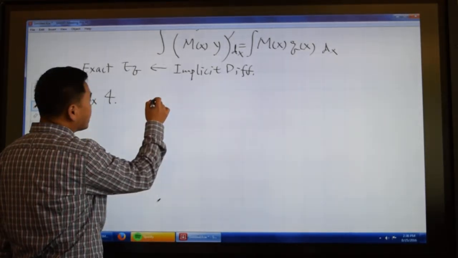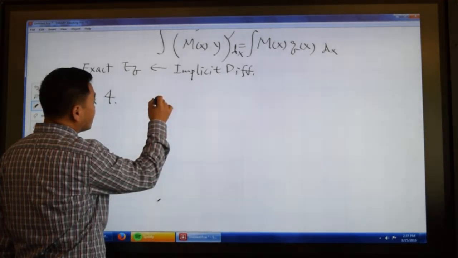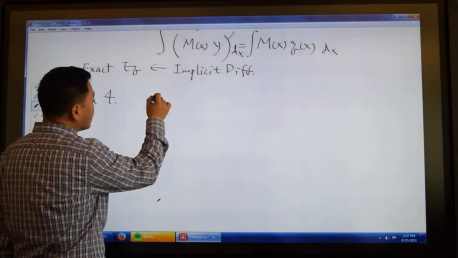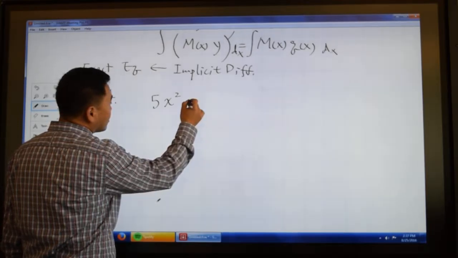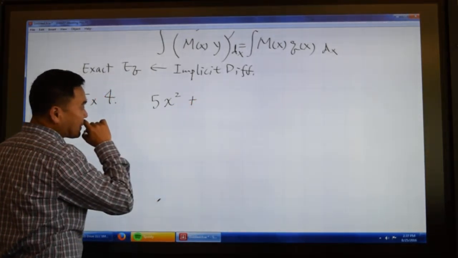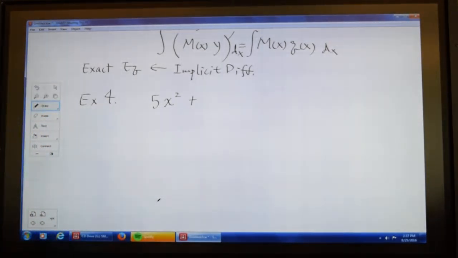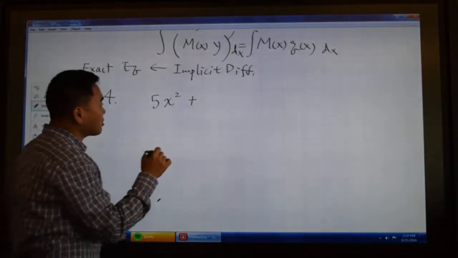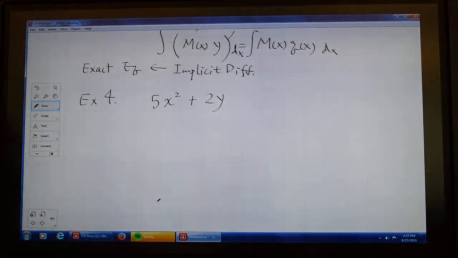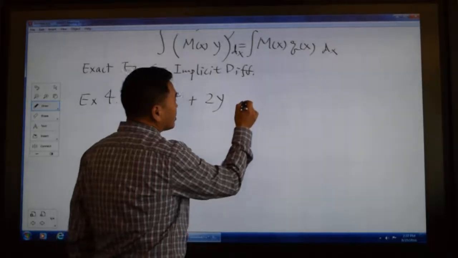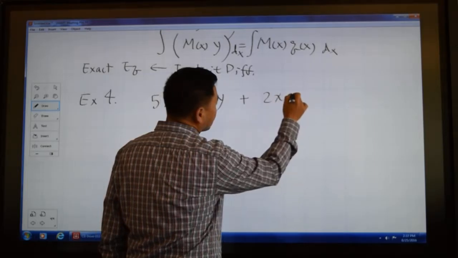Try the following: 5x squared plus 2y plus 2x y prime.